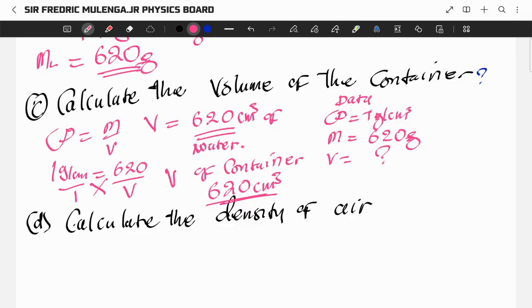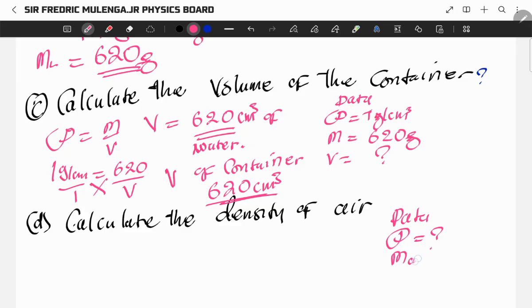Then density of air. We haven't yet solved the volume of air. So where are we going to get this volume of air? First, let's correct the data for this question. We are looking for density, which we don't know.